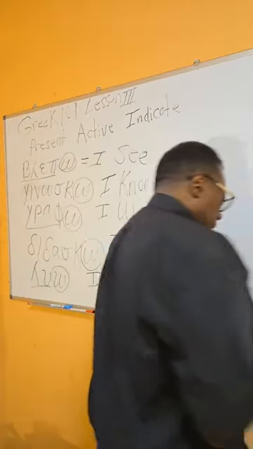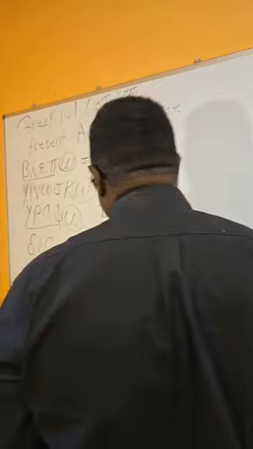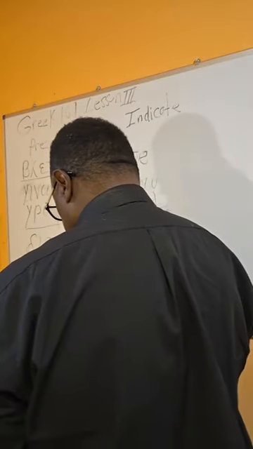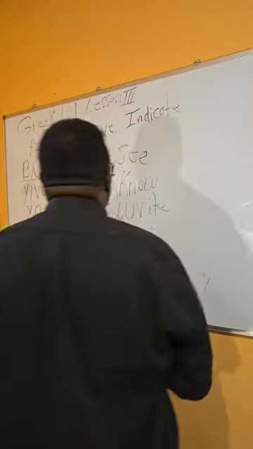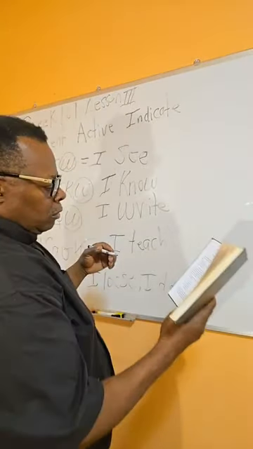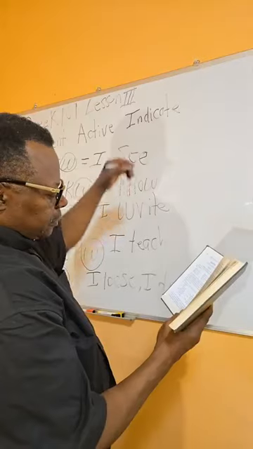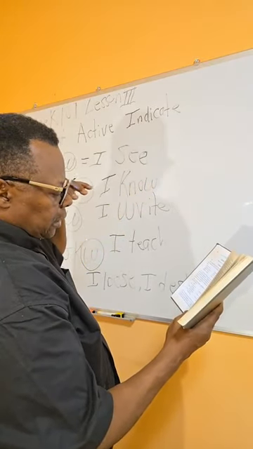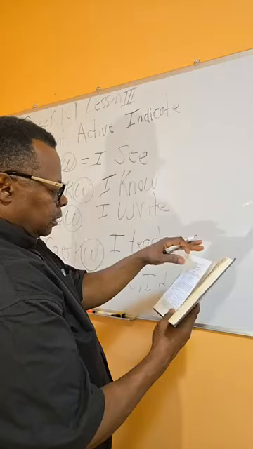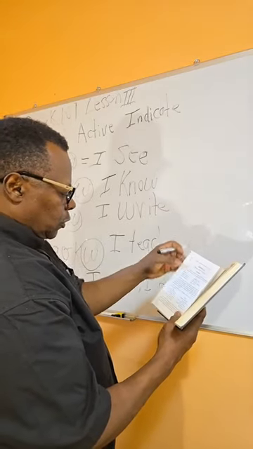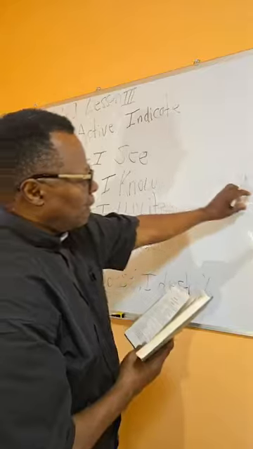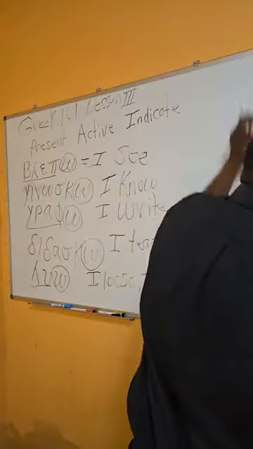Now, I'm going to write out what they call the paradigms, this chart, to show you the singular and the plural. Okay? Now, most of us are English students. You're going to see the singular and the plural endings in Greek. It's going to show you luo. We're going to use lu. Lu is the shortest word in Greek.